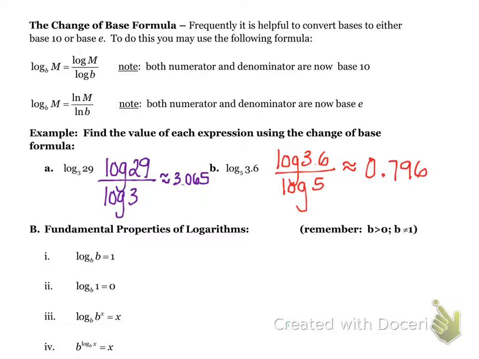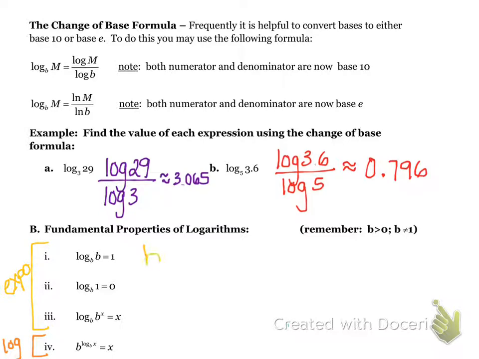Okay, it's also important to know the fundamental properties of logarithms. So when we do this, it's easy to see these properties when we convert them into exponential form. So we're actually going to convert the 3 to exponential form, and we're going to convert this bottom one, number 4, into log form because it's in exponential form. So we just convert it into whatever we don't have.